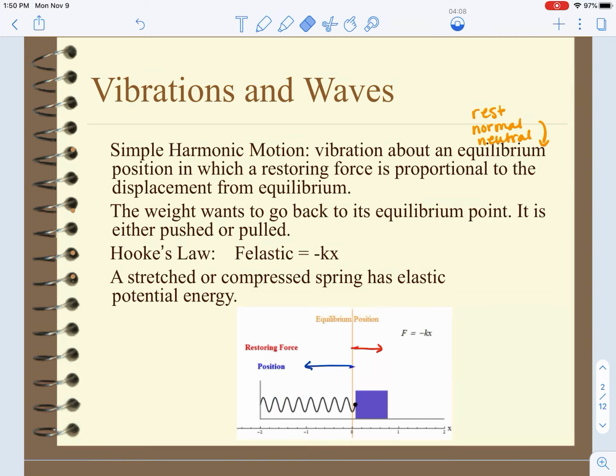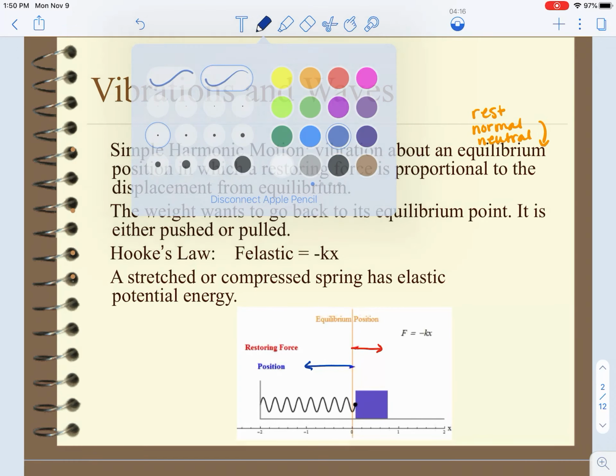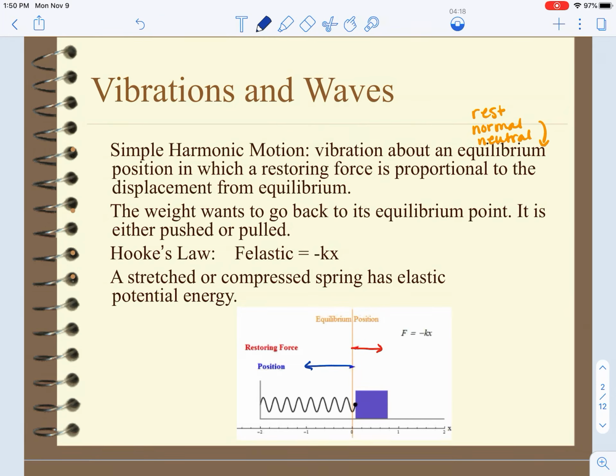And so let's say that my spring is pushed back towards the center. Well, unfortunately for the spring, it is not going to stay in that neutral or resting position. It will exhibit Newton's first law, an object in motion will stay in motion.